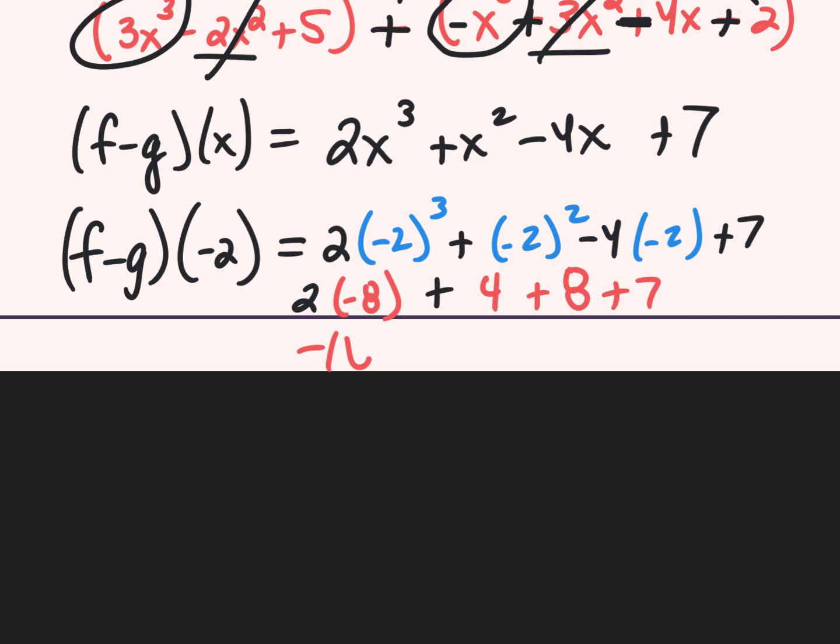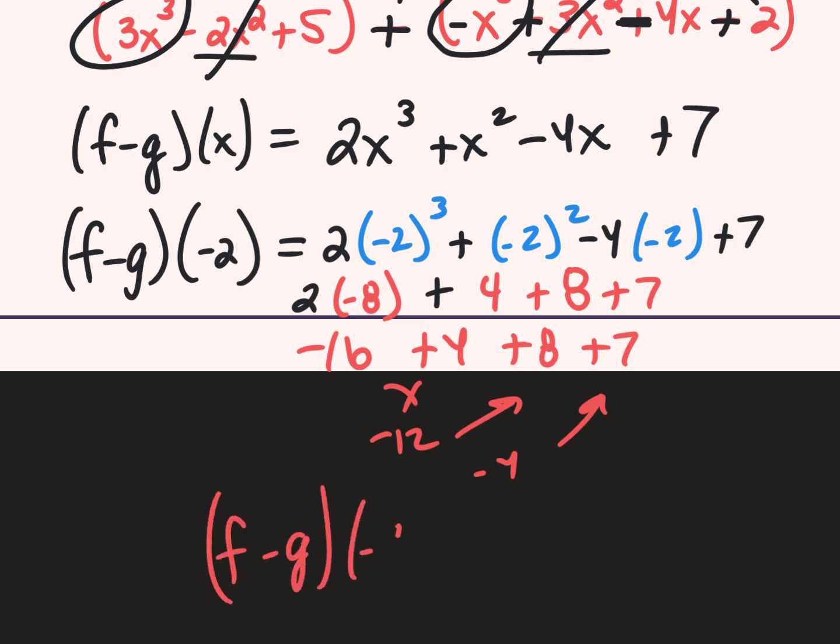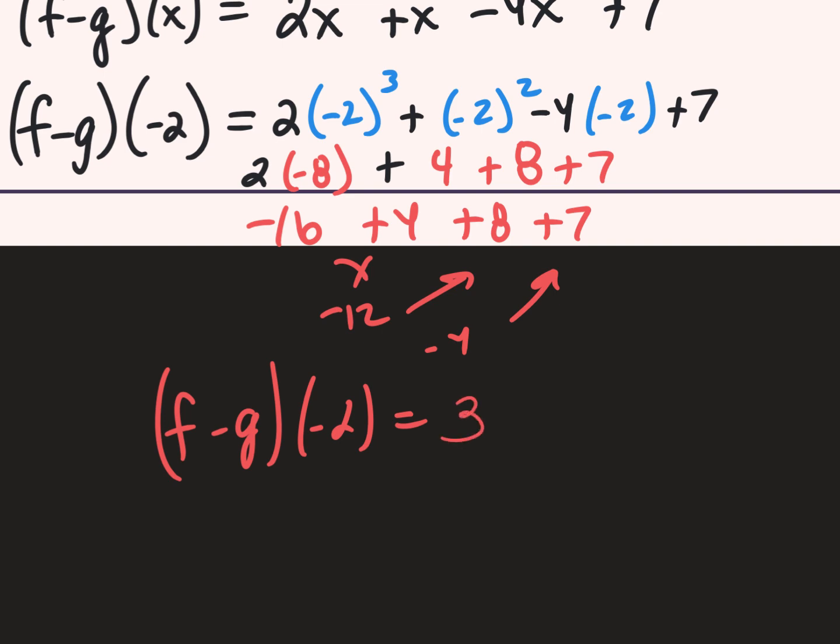So yes, negative 16 plus 4 plus 8 plus 7. We go left to right. What's negative 16 plus 4? Negative 12, right? Plus 8 is negative 4. And then negative 4 plus 7 is 3. So f minus g of negative 2. What you're saying is when I subtract these two and I plug in negative 2, what is my answer? 3.